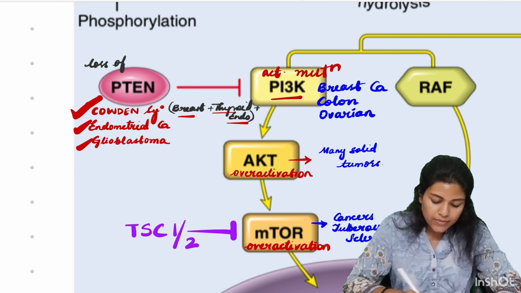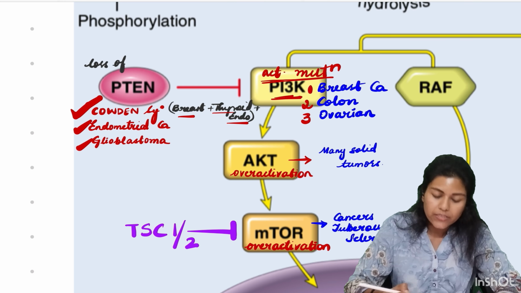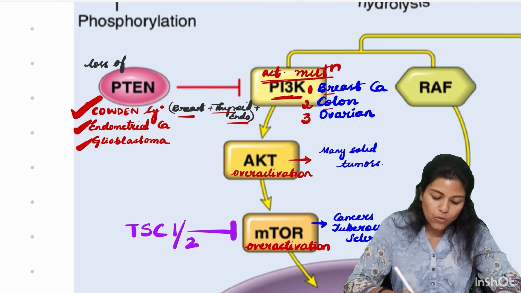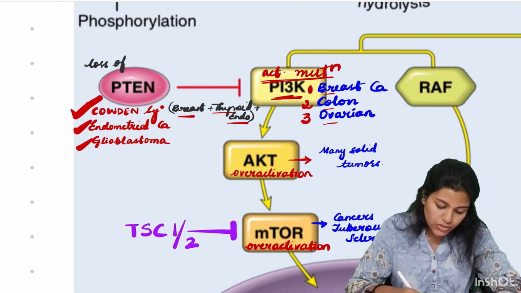At the PI3K step, activating mutations of PI3K lead to breast, colon, and ovarian cancers.